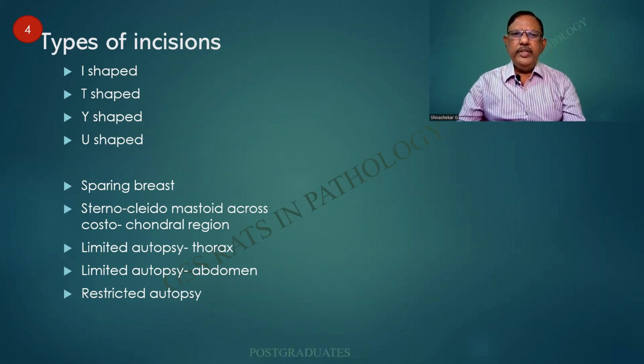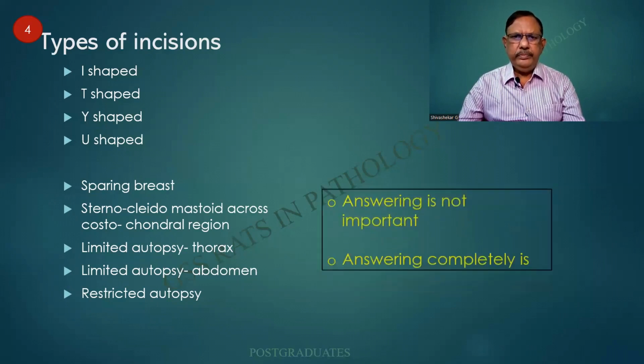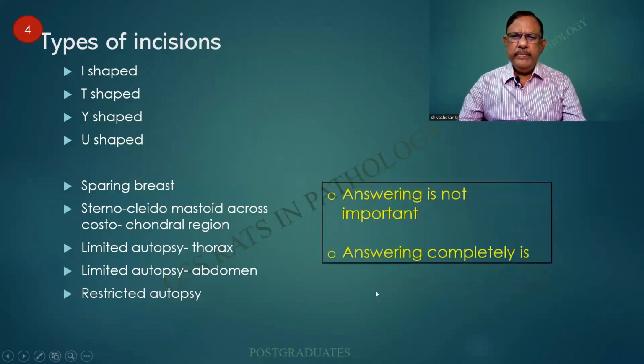So for each of these, you have got different types of incisions. This is a definite question for you people in the autopsy exercise, in which answering is not important. Answering completely is. So do not blindly just say I, but see what it is.